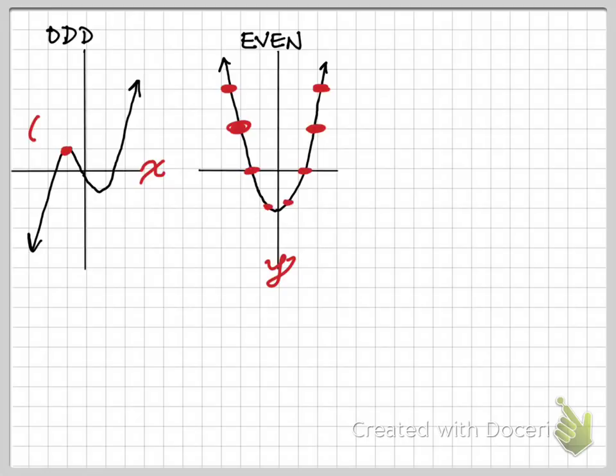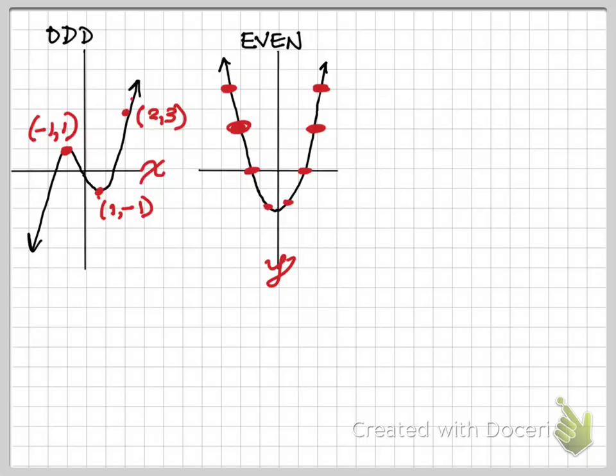So let's say that I have this point here at -1, 1. I'm going to have that flipped. So I'm also going to have this point down here at 1, -1. If I have a point up here, let's just estimate and say that I had the point here at 2, 3.